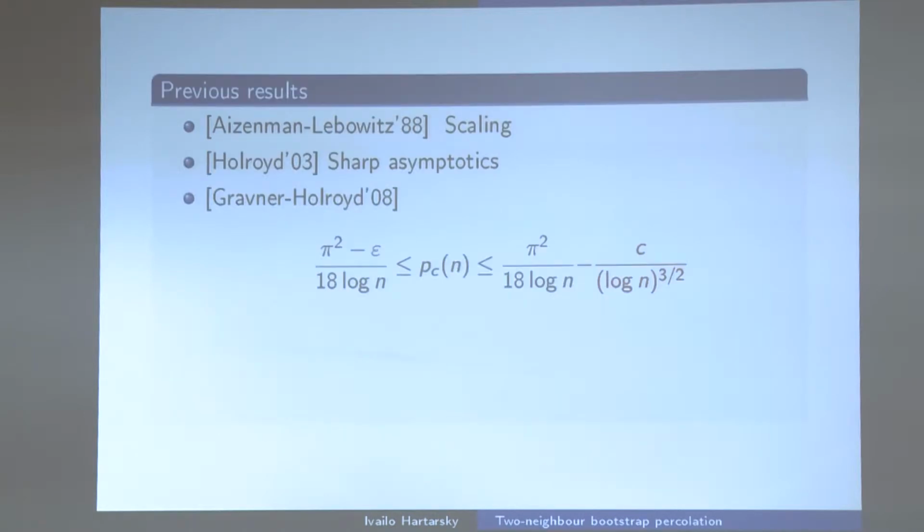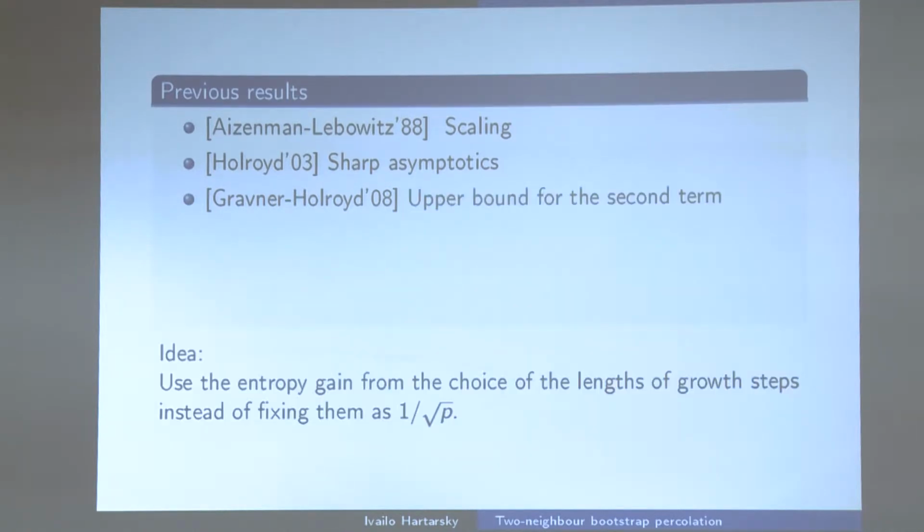So why? And Gravner and Holroyd came up with the slow convergence theorem. So they say the convergence is at least like root log n. So you need to wait a lot to get the right thing. Now, this is an upper bound, so I'll tell you how it works.